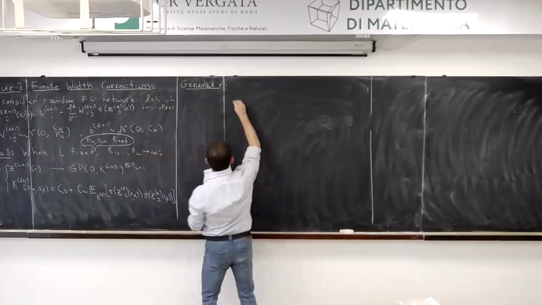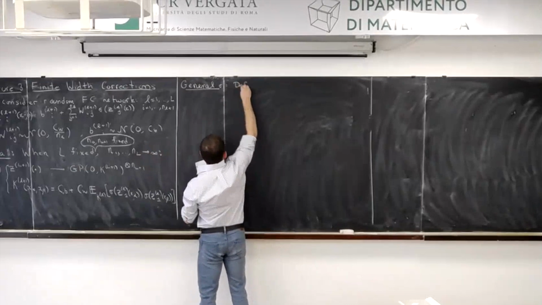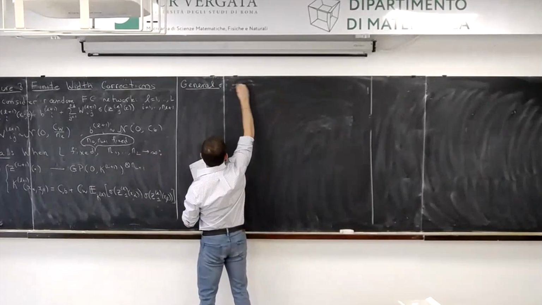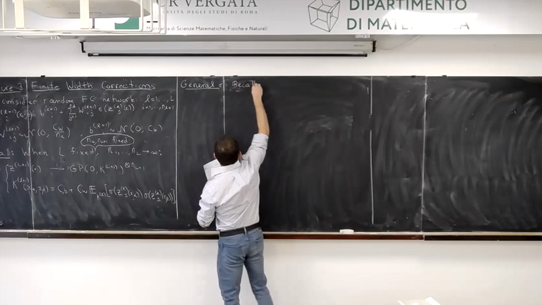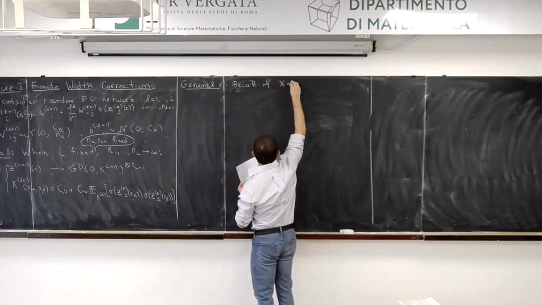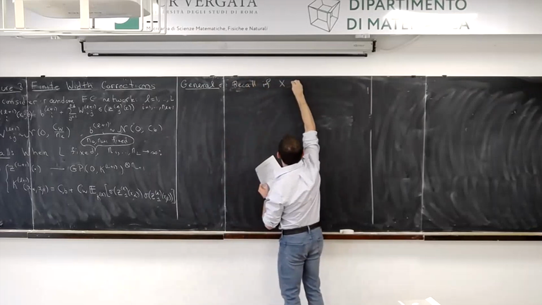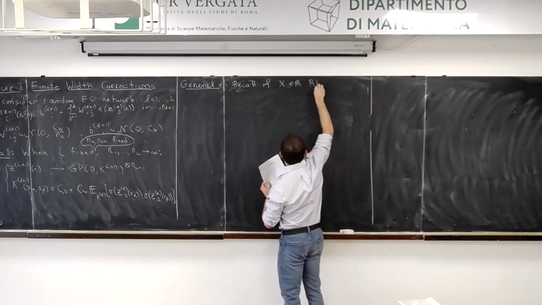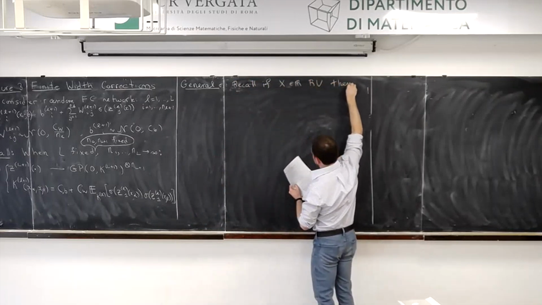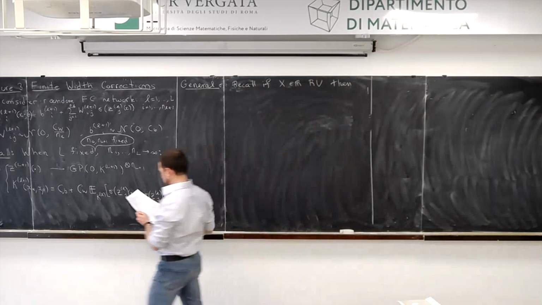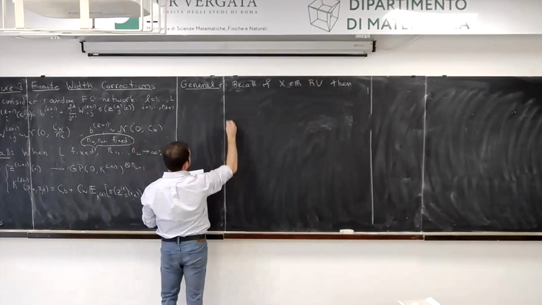Okay, so here's the definition. Recall that if x is a real valued random variable, then we make the following definition for the cumulants. Here's a classic thing you can do.